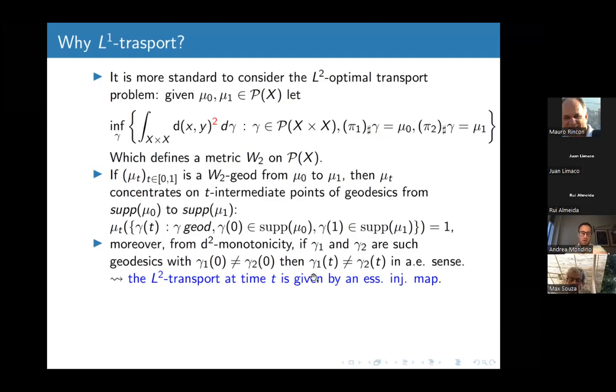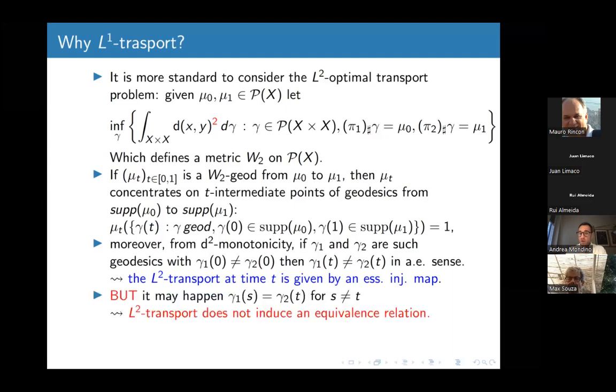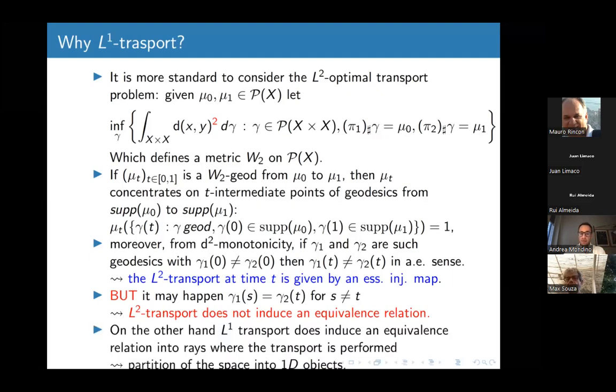So you have a geodesic at some parameter s, the other one at some parameter t, they can cross, which is saying that the L2 transport is not inducing an equivalence relation. And for the proof to work, it is really key that we have an equivalence relation. The L1 optimal transport does induce an equivalence relation, and so that's why it is better to work with that for this specific problem.